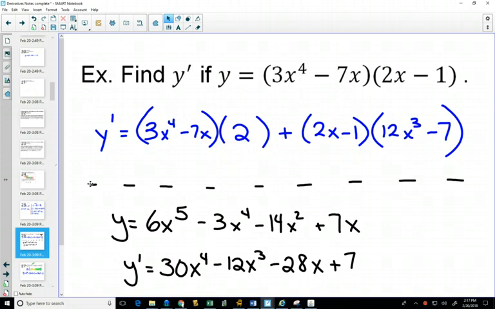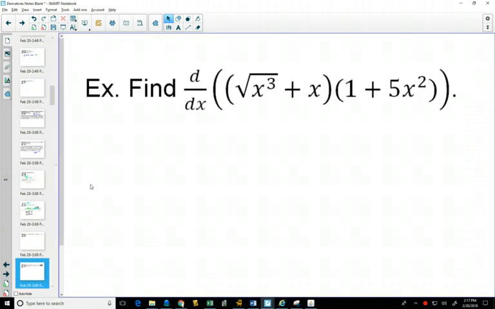If you expanded it first and then just used your regular power rule, and one more for you to try.